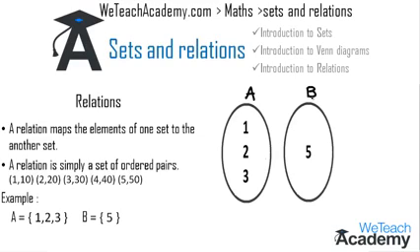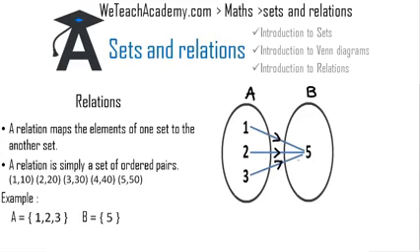Now let us map the first element of A with the element of B, and similarly we can map the other elements with the element of B. We can map 2 with 5, and similarly 3 with 5, and we get the ordered pairs (1, 5), (2, 5), and (3, 5).